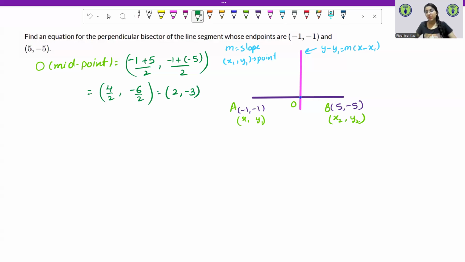So we got the midpoint, which is (2, -3).